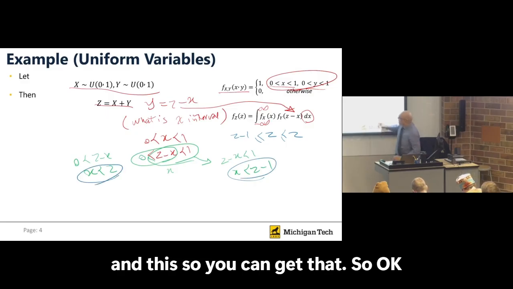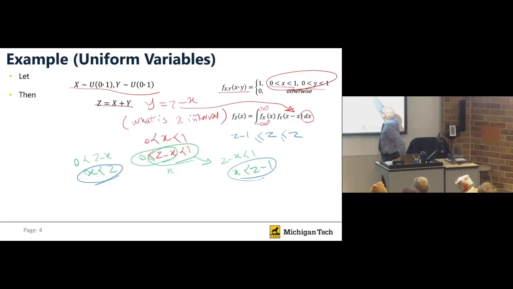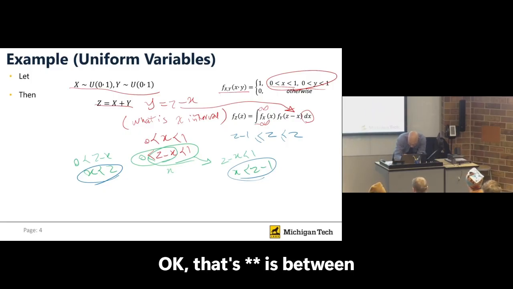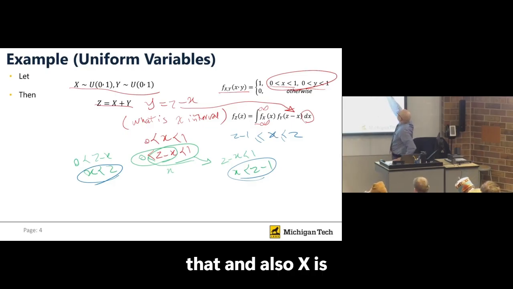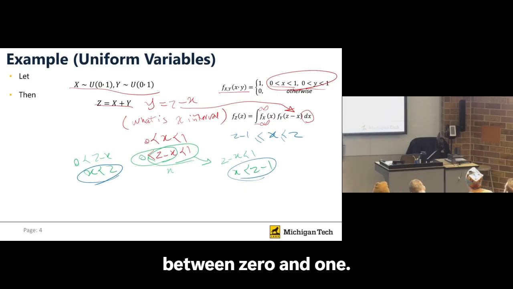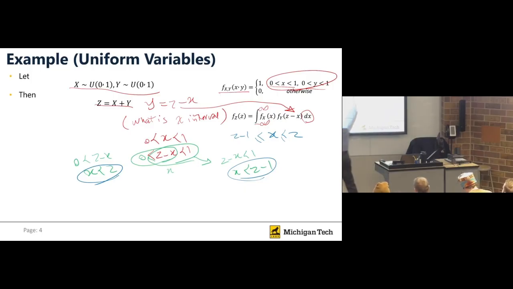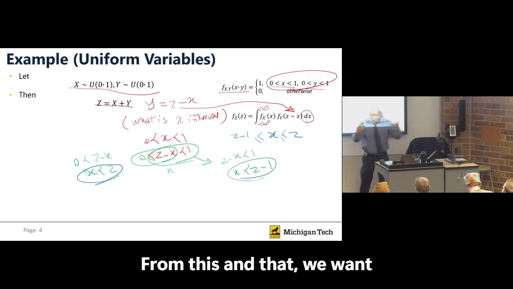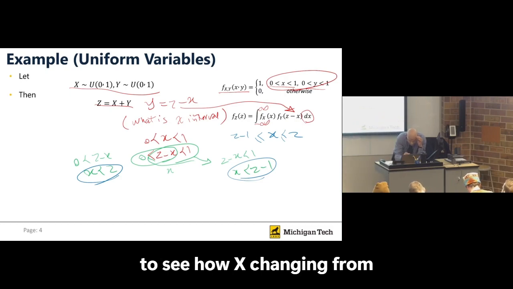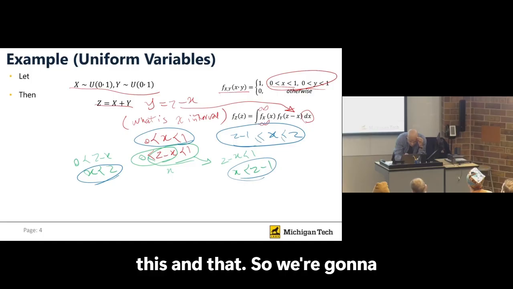So you have this blue one. Wow, that's x. Why do I make that much mistake? OK, that's x. X is between that. And also, x is between 0 and 1. From this and that, we want to see how x is changing. So we're going to get one result.